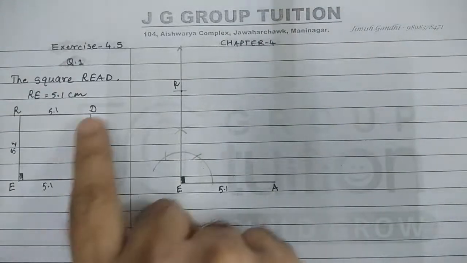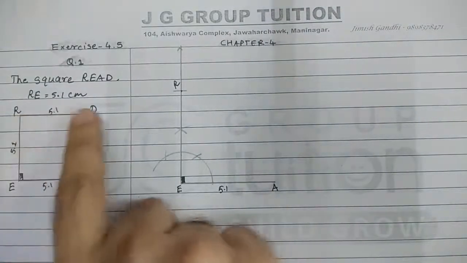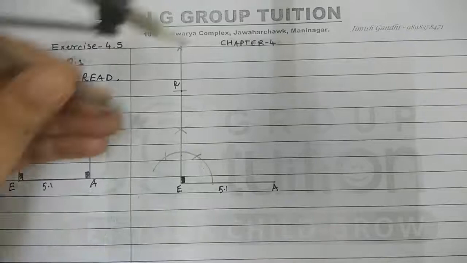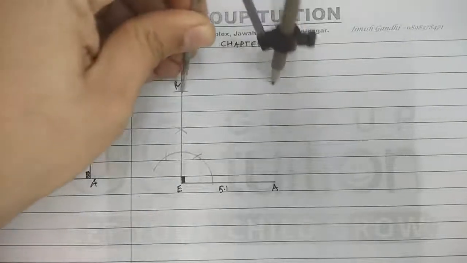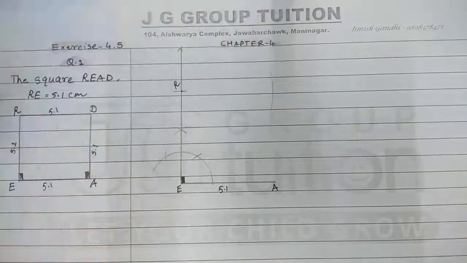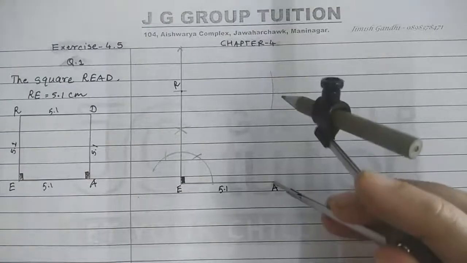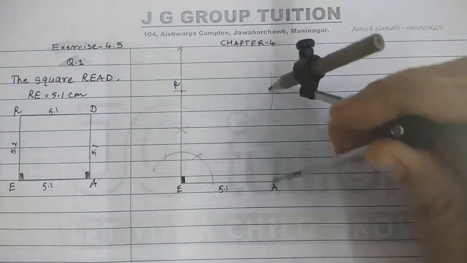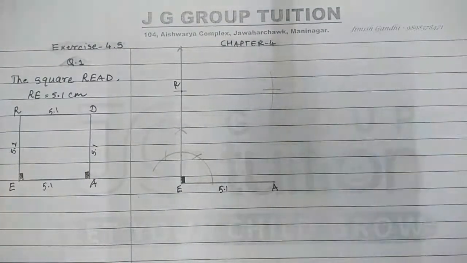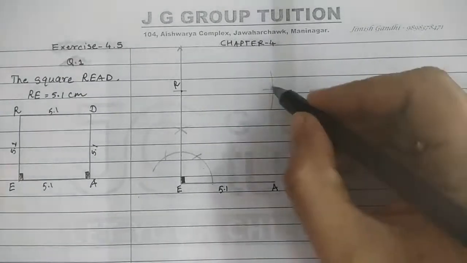Now how to obtain D? We have the length of RD and AD. So from R, let us draw an arc of 5.1, and with the same radius, one arc from point A, that is again 5.1. You can see both are intersecting here.